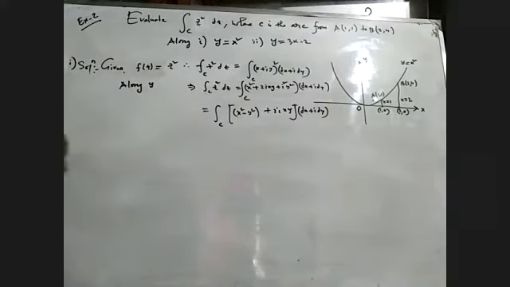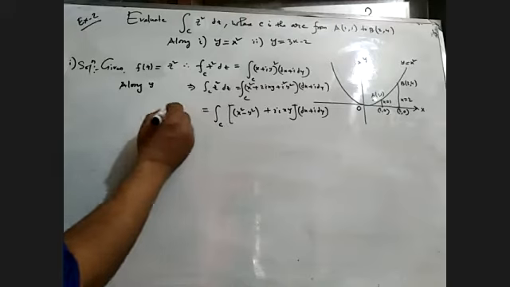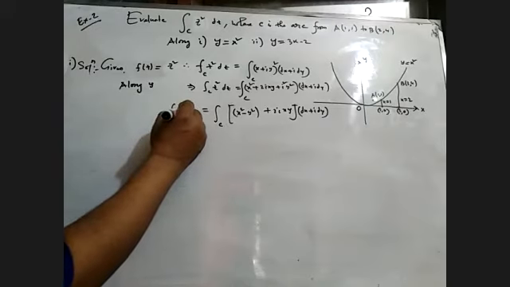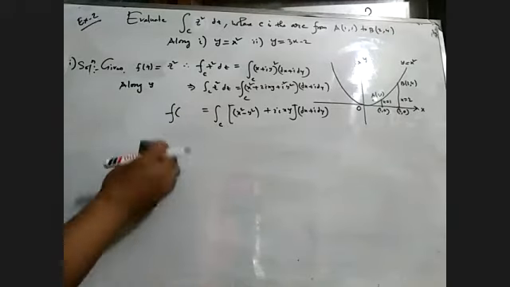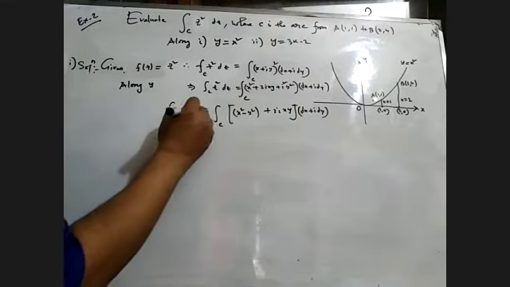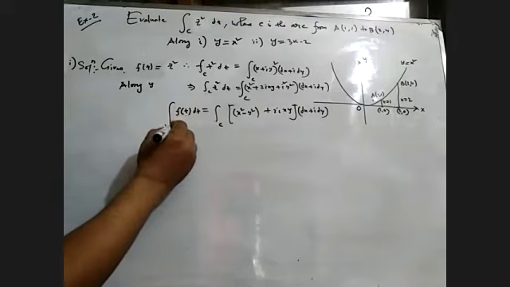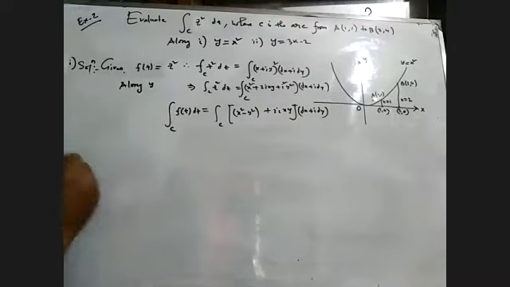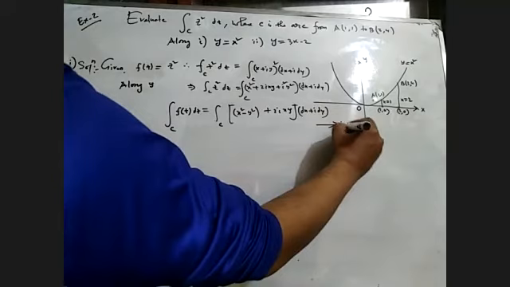Okay, the changed integration will be this integral of z square dz. This is equation number 1.